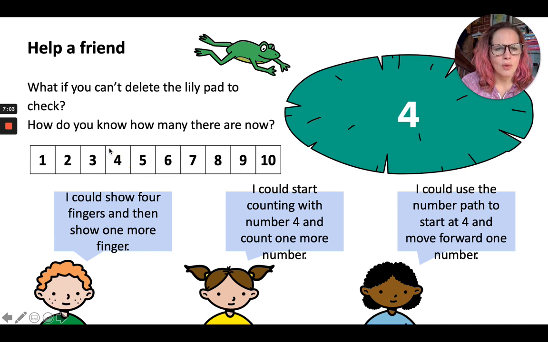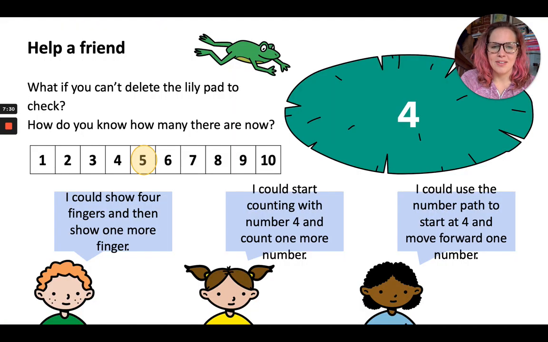So they started at 4, added 1 more, and they had 5. Those are just some ways that you could think about adding. There's all sorts of ways. You could use your hands to add. You could count forward by starting at a number. So we started at 4 and went to 5. Or you could use a number line, or a number path is what they called it. These are all different ways.